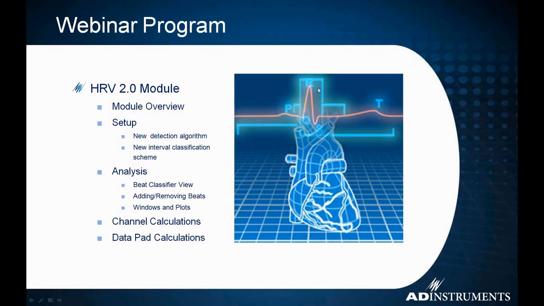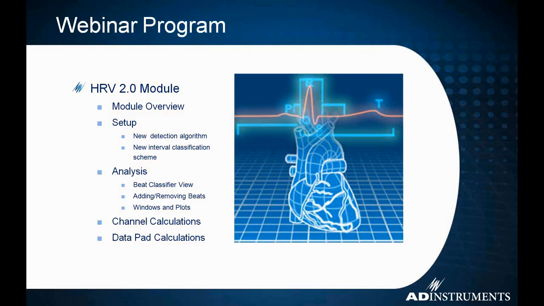Last but not least, the HRV 2.0 module was one of our first cross-platform modules for Mac and Windows. It will look exactly the same on Mac as it does on Windows, and the analysis will be performed exactly the same. Those dual OS users out there, I know you've experienced the frustration of going back and forth between Windows and Apple, trying to figure out what works, file formats, all that stuff.